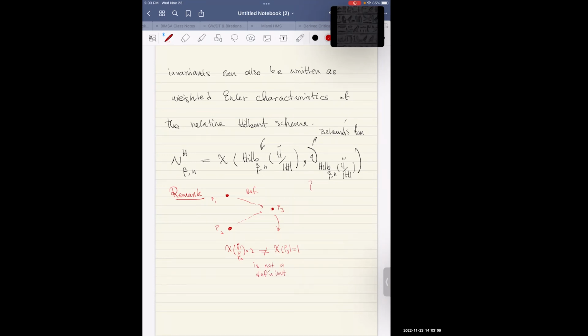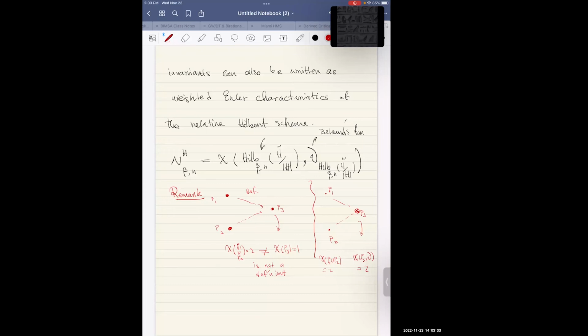However, if you count things using multiplicity, point 1 and point 2 deforming and becoming a fat point 3 with multiplicity 2, the Euler characteristic of P1 union P2 here is 2, and the Euler characteristic of this point P3 weighted by Behrend's function, which counts the multiplicity, is also 2.